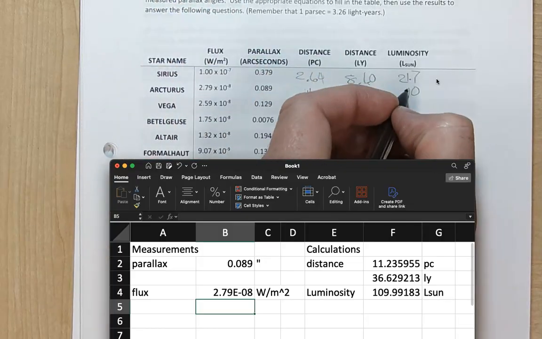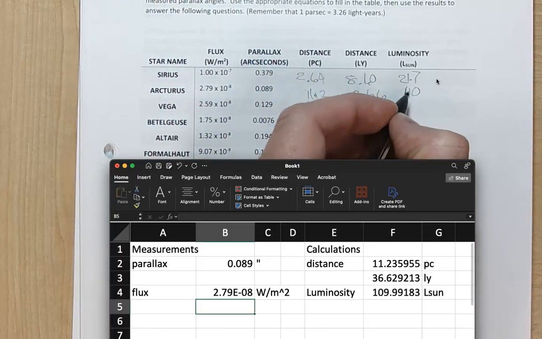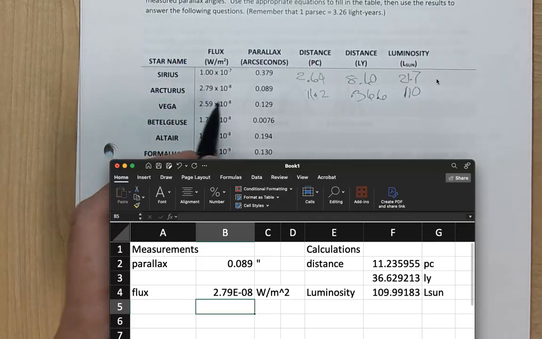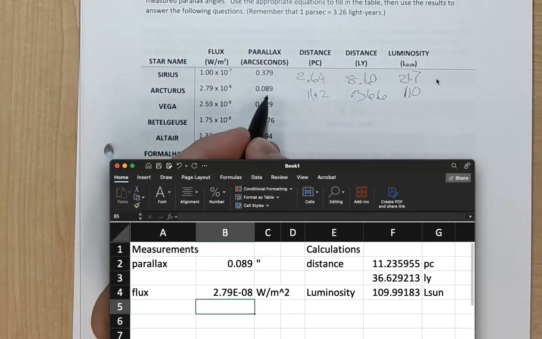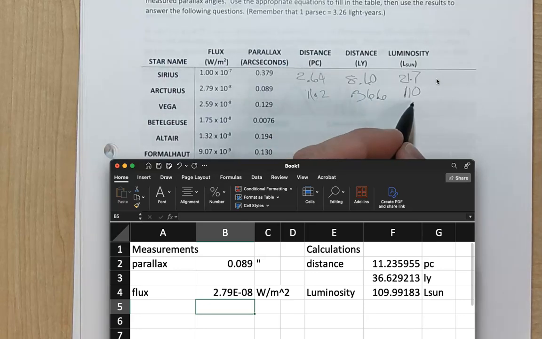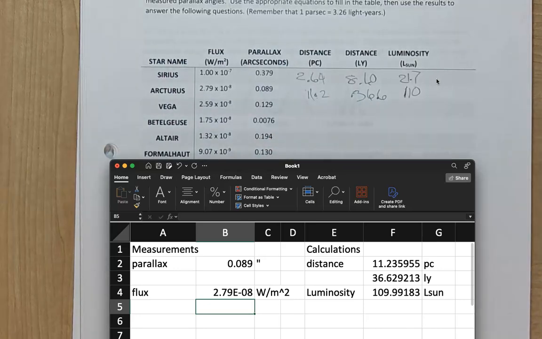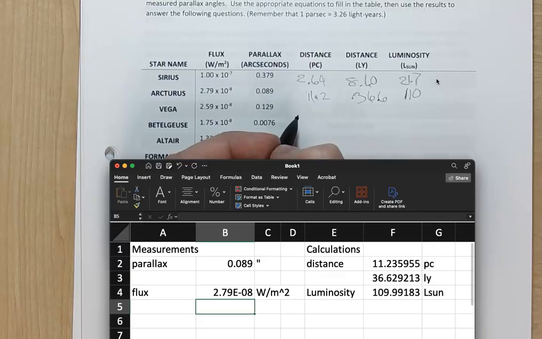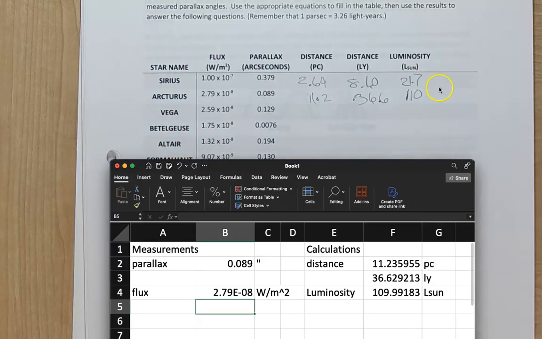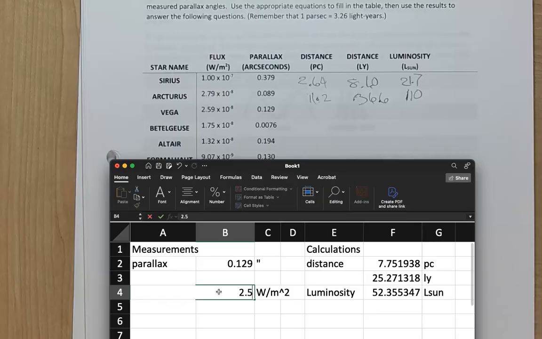Well, I guess I have to round that up to 110, don't I? And I'll just leave it as 110 because I've got two significant digits here. All right, that works out well. How about Vega? Vega has a parallax angle of 0.129 and a flux of 2.59e minus 8.